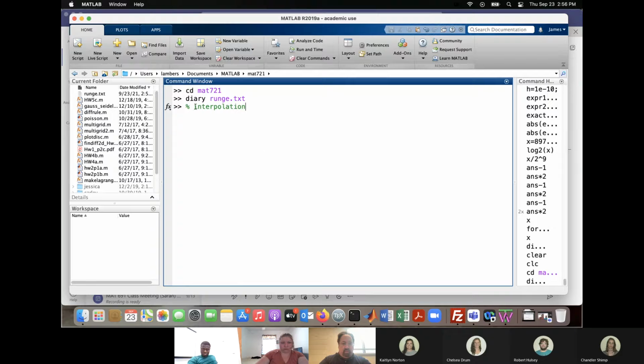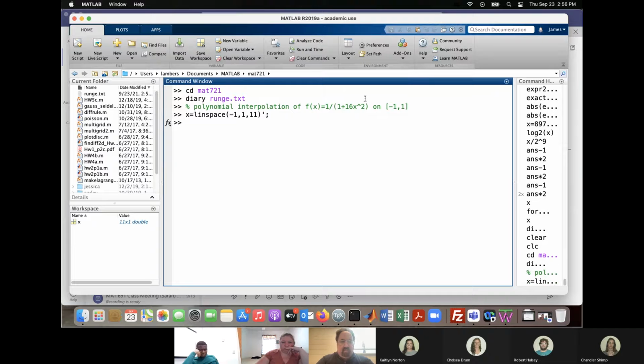So polynomial interpolation of this function 1 over 1 plus 16x squared on the interval -1 to 1. Okay, so I'm going to find equally spaced points from -1 to 1, and I'm going to use 11 points altogether. I'm going to make it a column vector.